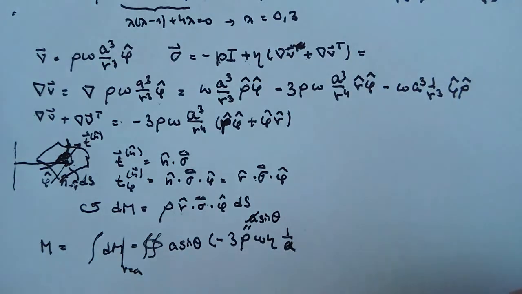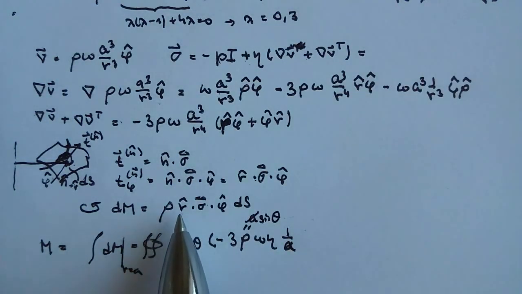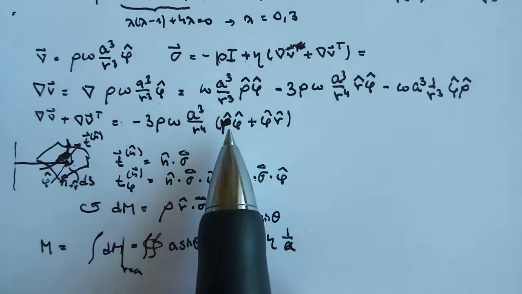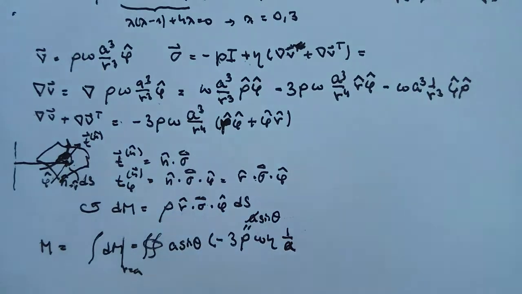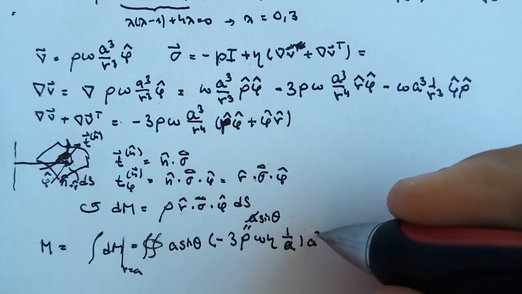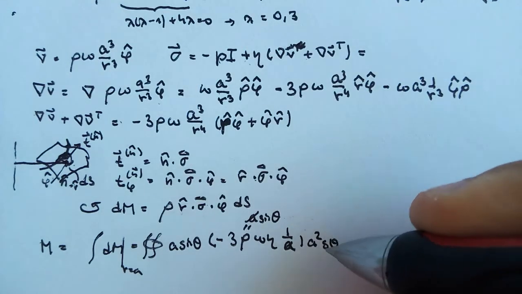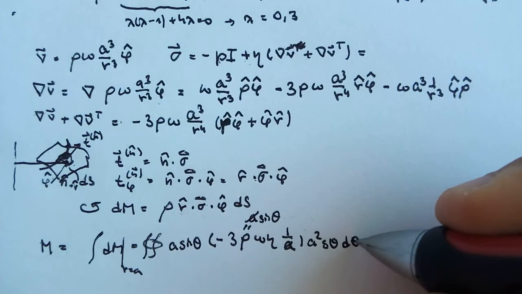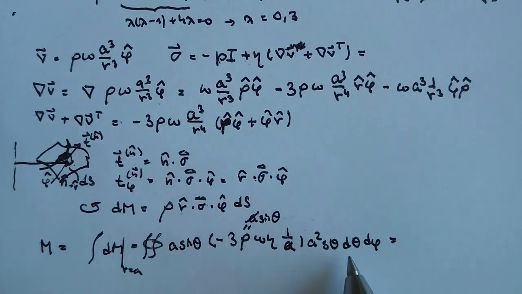This cancels out, and there is the dot product between r hat and phi hat, which is 1, as you can clearly see, and ds is going to be a squared, the Jacobian of spherical coordinates, sine of theta d theta d phi.